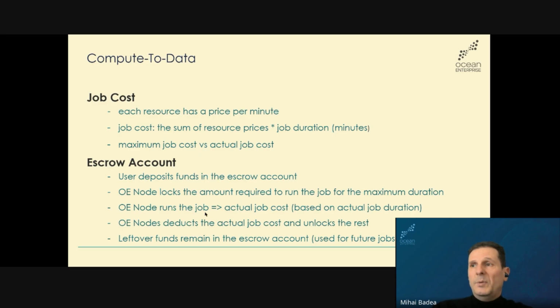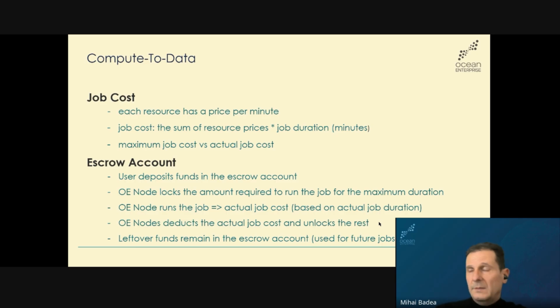Then the node performs the job, and when the job is finished, the node knows exactly for how long the job was executed, and it will calculate the actual job cost. Then the node deducts the actual job cost from the escrow account and will unlock the difference.